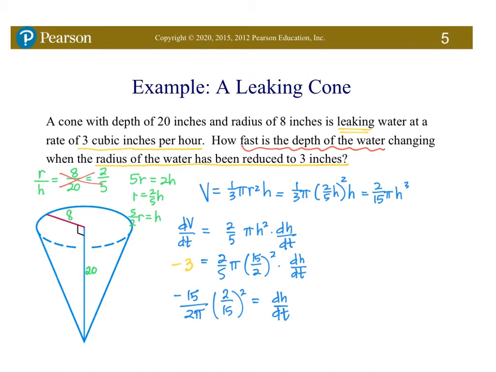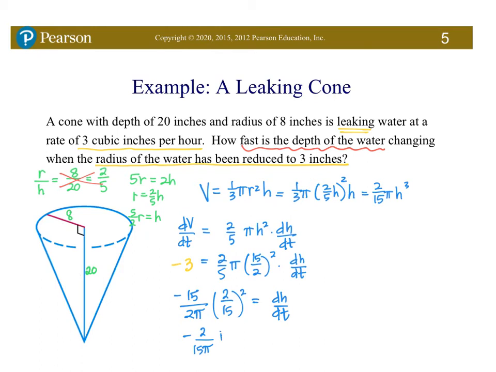So I'm just going to clean that up. I can reduce, so I'll have negative 2 over 15 pi as I reduce, and that will be my value for dh/dt. Now let's get some units on there. It should make sense that we got a negative value because the height is decreasing.